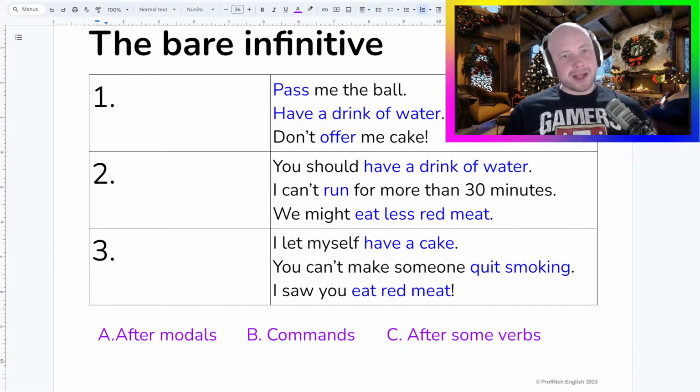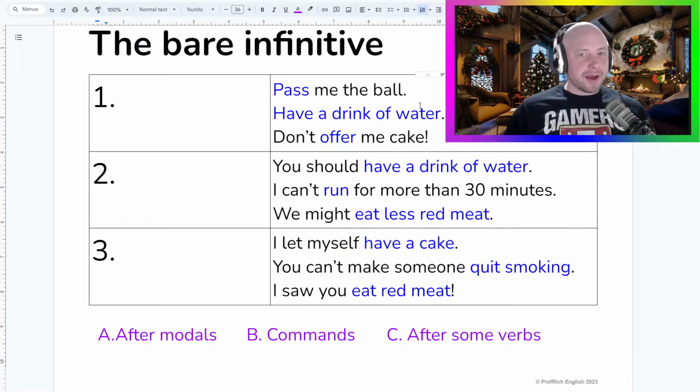I want you to match the examples on the right there with the reasons on the left.